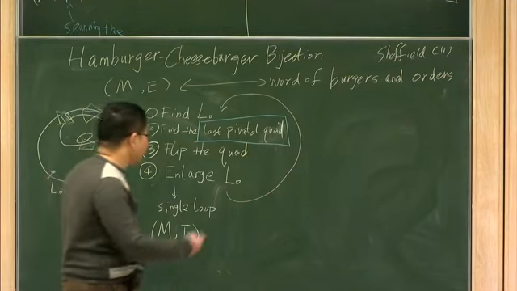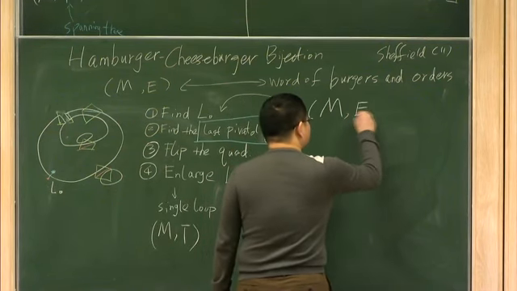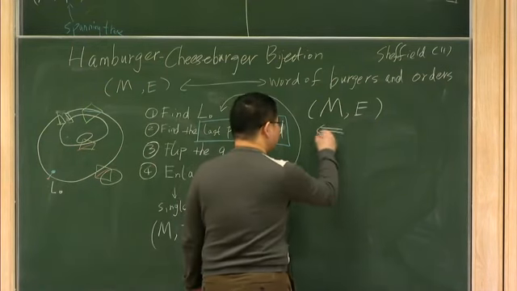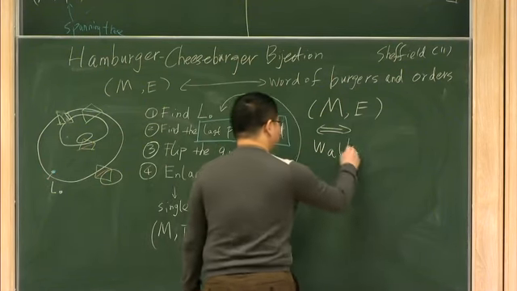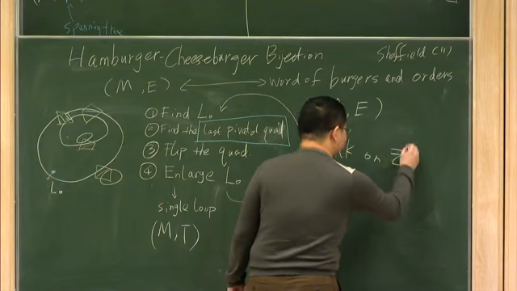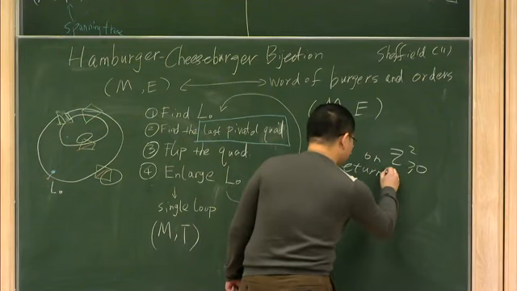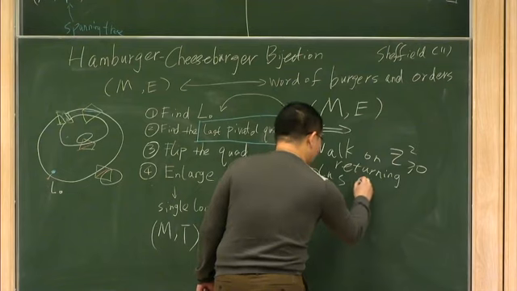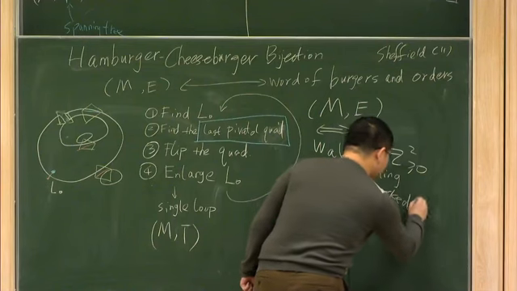So basically, we can conclude that a general configuration corresponds to a walk on the first quadrant, returning to 0, plus some particular marked steps.